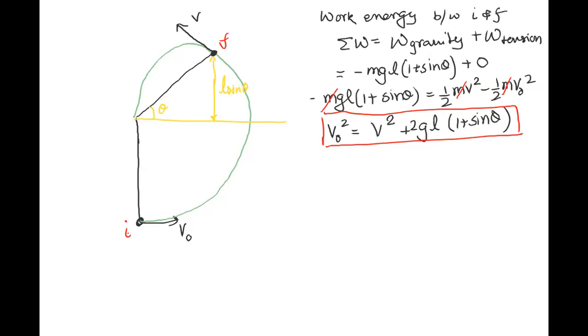Because kinetic energy is a scalar quantity, in this expression v is always the net velocity of the object and never the component of velocity of the object.